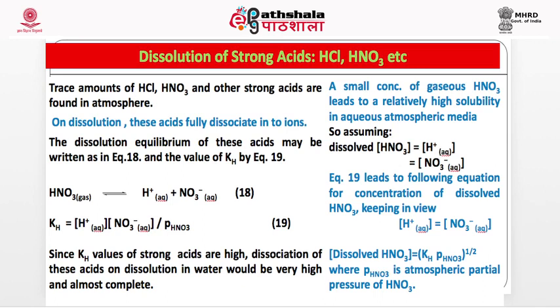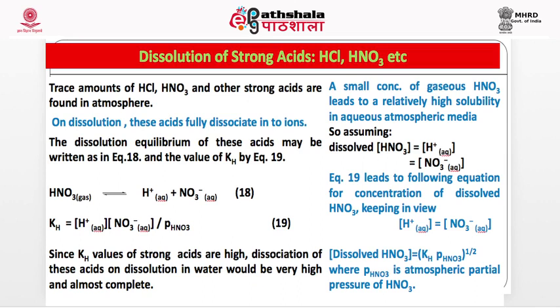Dissolved HNO3 equals H plus equals nitrate, because it dissociates 100%. So, instead of H plus we can write HNO3, and in place of nitrate we can write HNO3. This becomes HNO3 square. So, KH equals HNO3 square upon PHNO3, or KH into PHNO3 equals HNO3 square. Therefore, dissolved HNO3 equals the square root of all this.